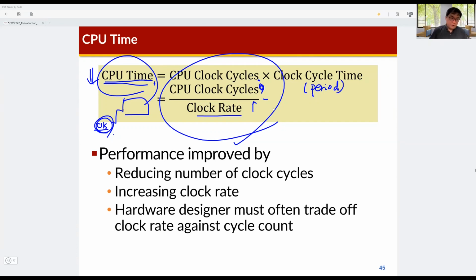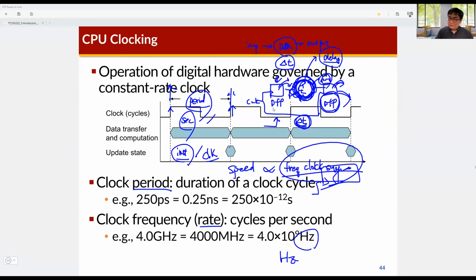Actually, there are many ways to improve the performance of CPUs. But if we see this equation, we can reduce the number of clock cycles, and normally this part is done by software or some other part like algorithm, compiler, or instruction set architecture. And then clock rate. The clock signal is determined by the digital system implementation, usually the delay of the combinational logic.